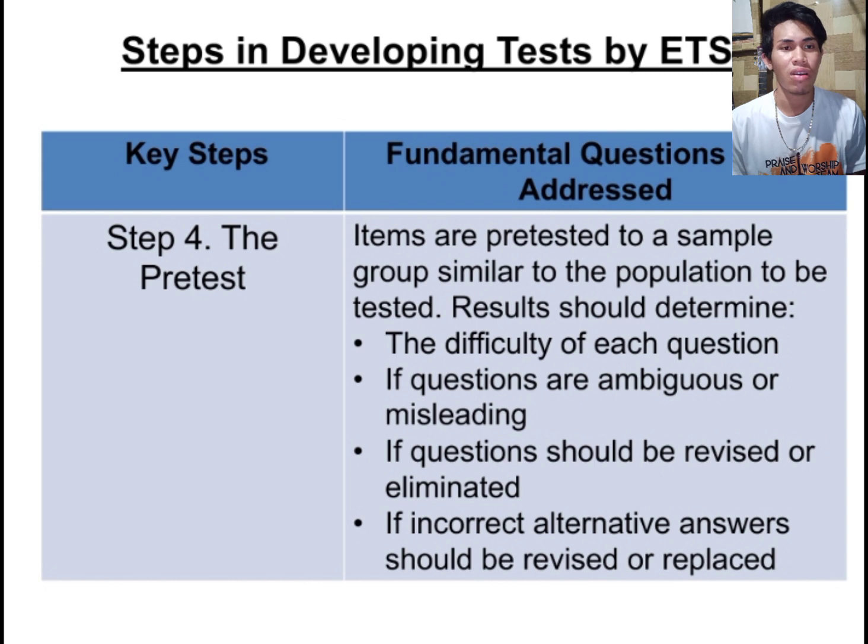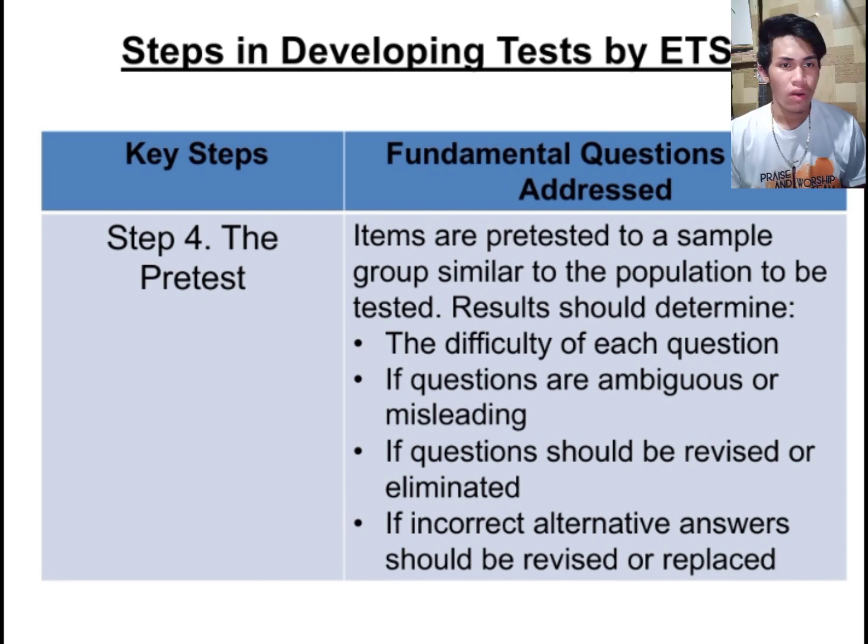If incorrect answer options are consistently chosen by the pretest participants, it indicates that the option may need to be revised or replaced to improve the validity and reliability of the test. Overall, the pretest is a critical step in the test development process as it allows for the identification and refinement of the test items, ensuring that the final test is fair, valid, and reliable.